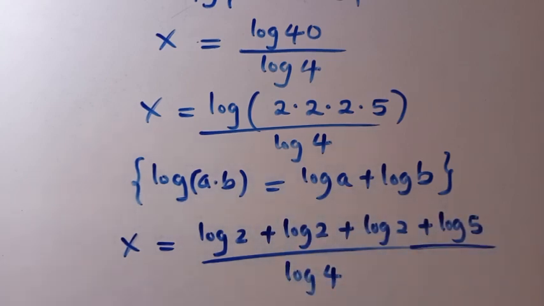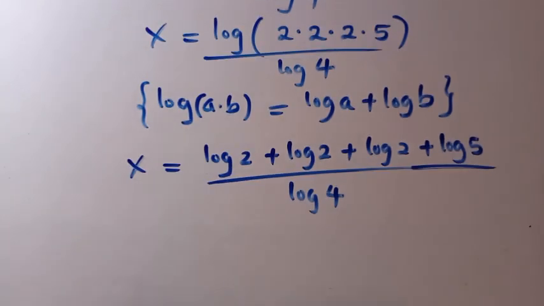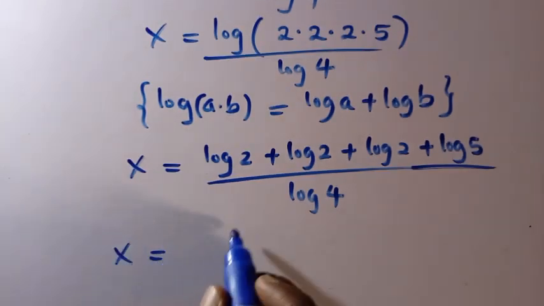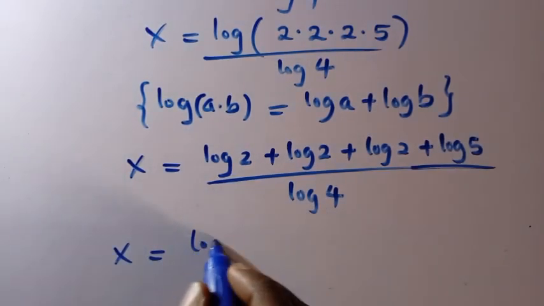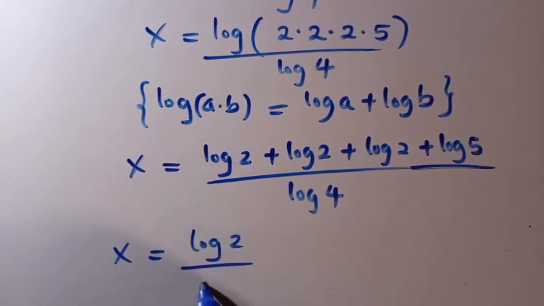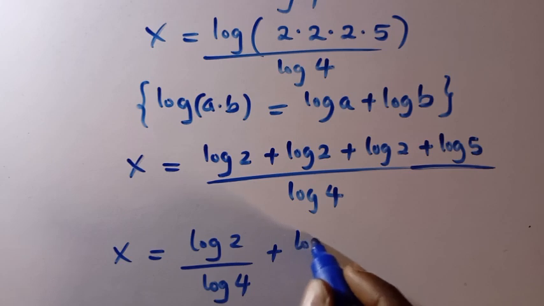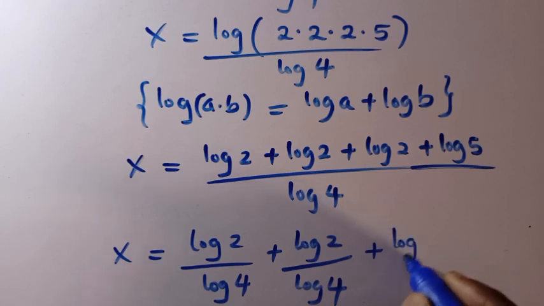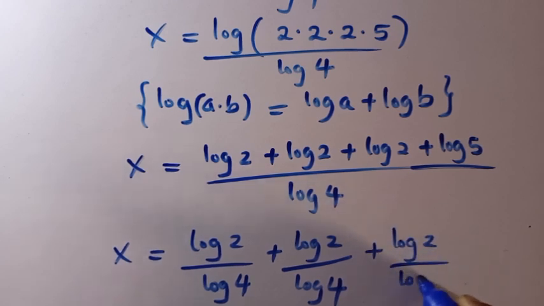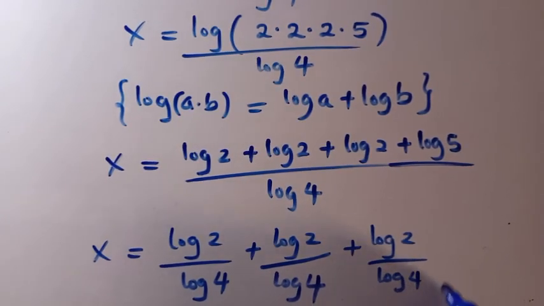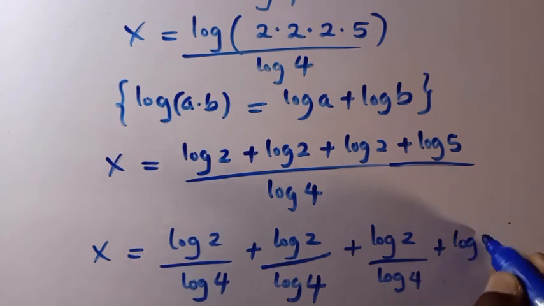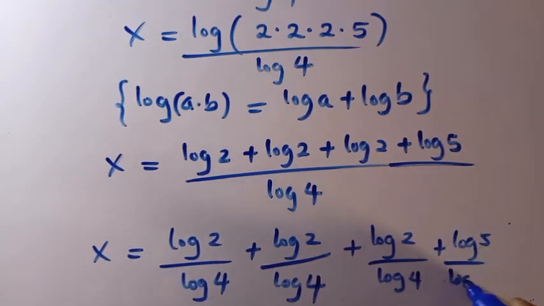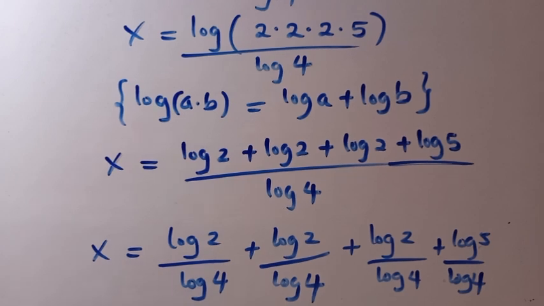Then you can write this as x equals, so I separate this, consider this as log 2 divided by log 4 plus log 2 divided by log 4 plus log 2 divided by log 4, and here is plus log 5 divided by log 4.